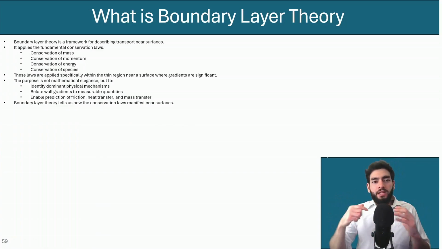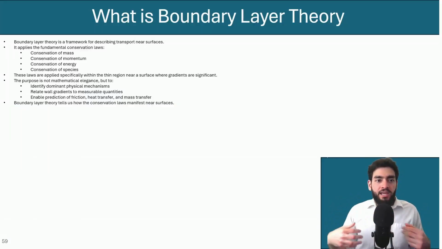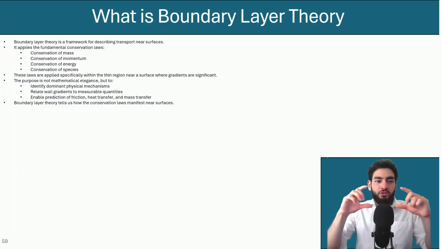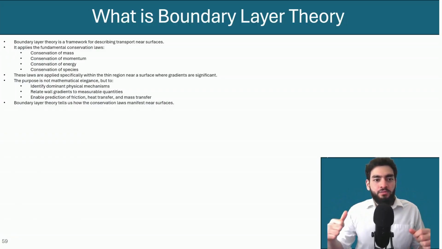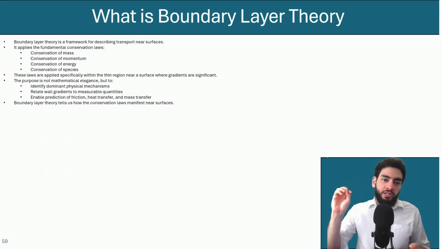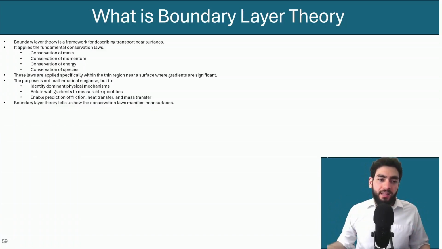But the whole point in going through this, and I'm not going to show you the derivation itself, but I'm going to walk you through the results, is so that you could identify the dominant physical mechanisms and relate the wall gradients to measurable quantities, which will enable prediction of the friction, heat transfer, and mass transfer coefficients that you are trying to calculate.